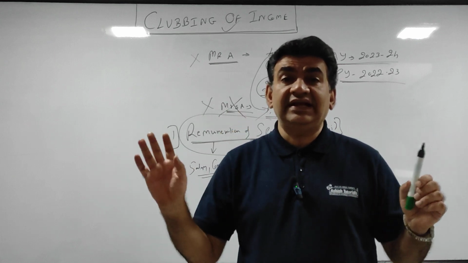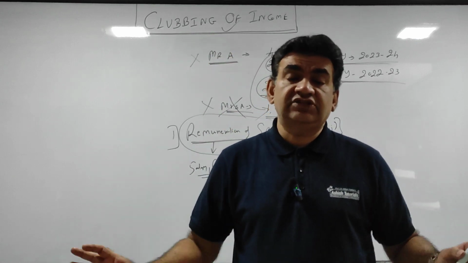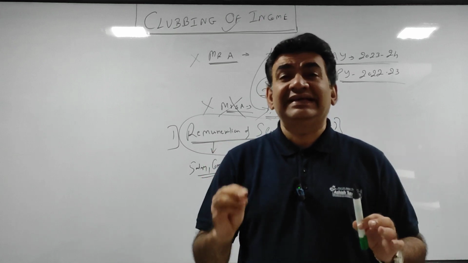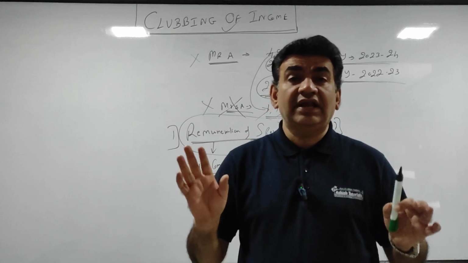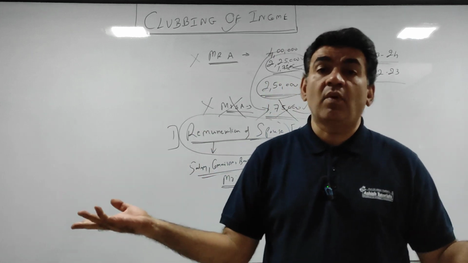Two is the normal trend, that was during PY also when this chapter was in boards and even SY. Two questions of 8 to 10 marks minimum will definitely come from this, maybe more.